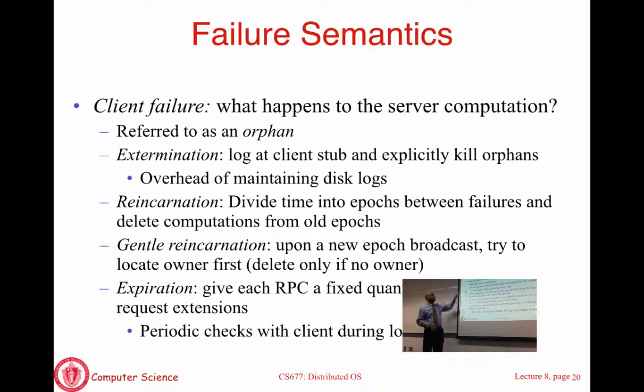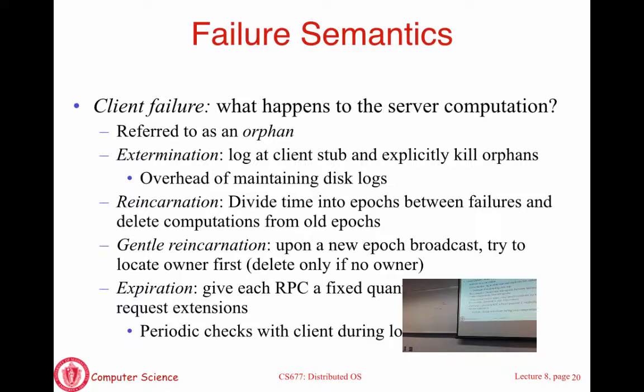The first one is called extermination, where you keep track of client state, and if you see that the client has gone down, you are going to explicitly kill those orphans. But this requires you to actually keep checking while the system is running whether the client is up or not. It's not a matter of I received a call, executed it, I sent a reply, and I don't keep track of what has happened to the client in the meantime.